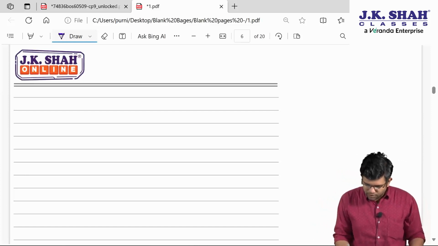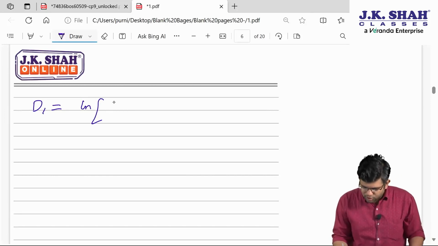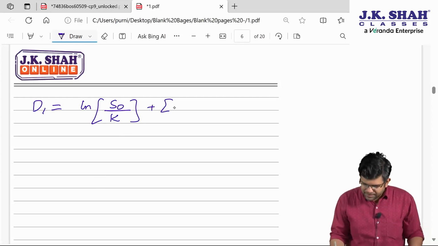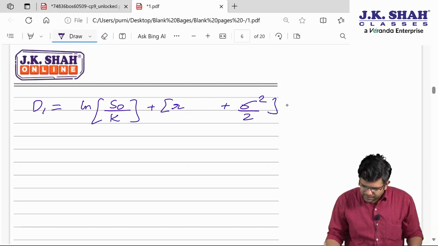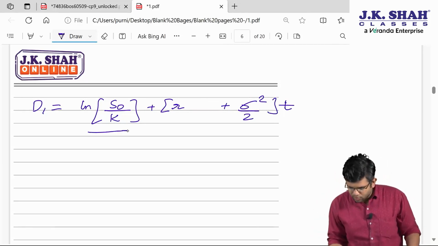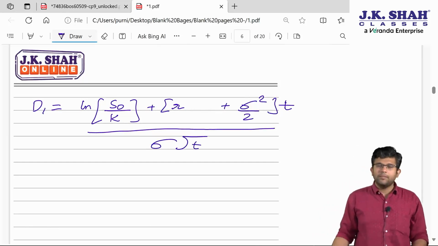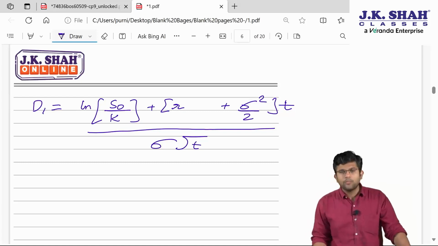So what is the formula of D1 that you know? The formula of D1 that you know is natural log of S0 by K plus R plus sigma square by 2, correct, into the time period, or basically the number of years, the whole divided by sigma root into the number of years, correct. This is what you know.